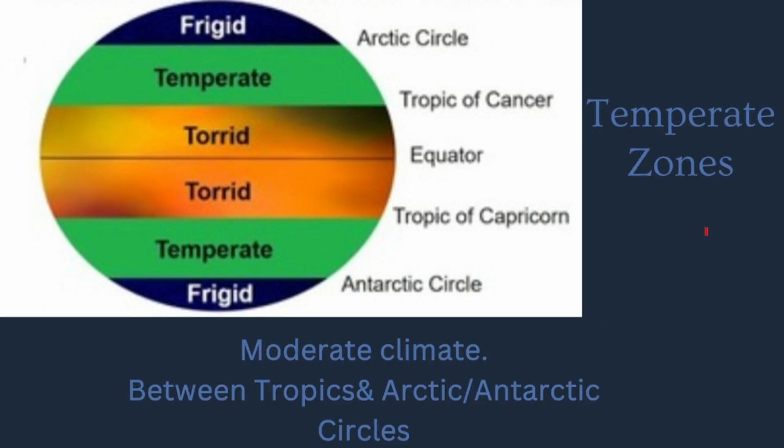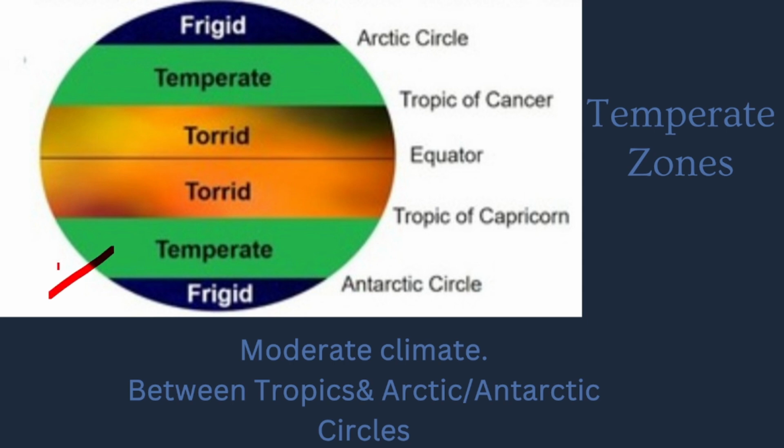Moving ahead, we have the second one called our temperate zone. Temperate zone has a moderate kind of climate. It is between the tropics and your Arctic and Antarctic circle. Why does this area get a moderate climate?